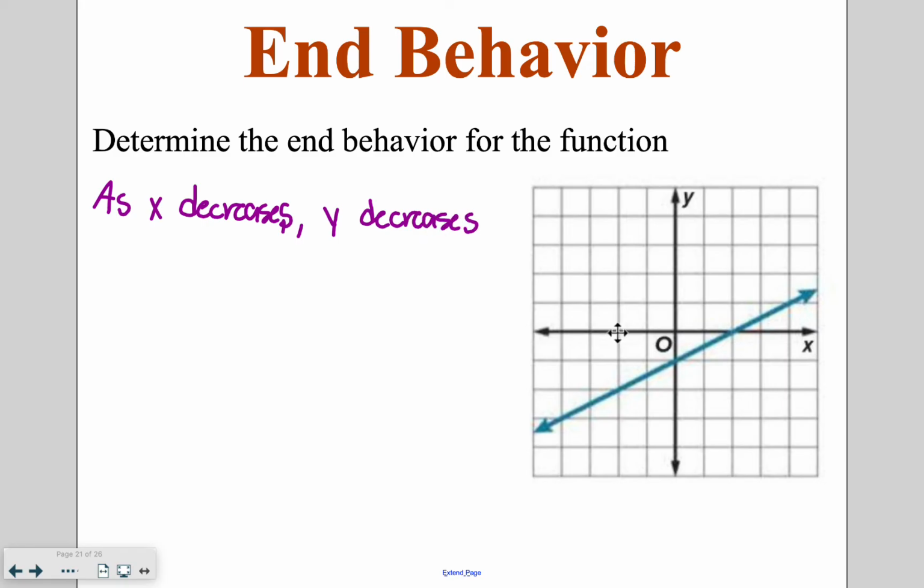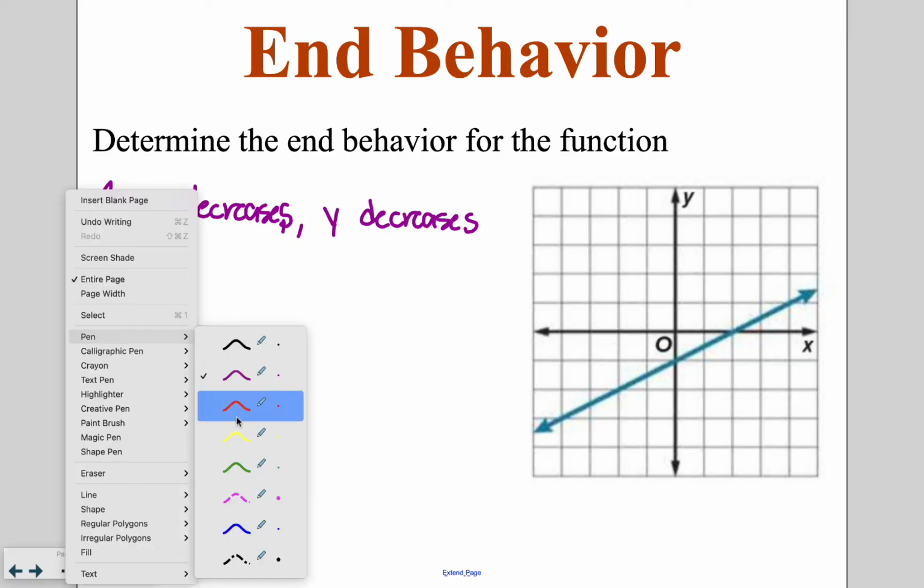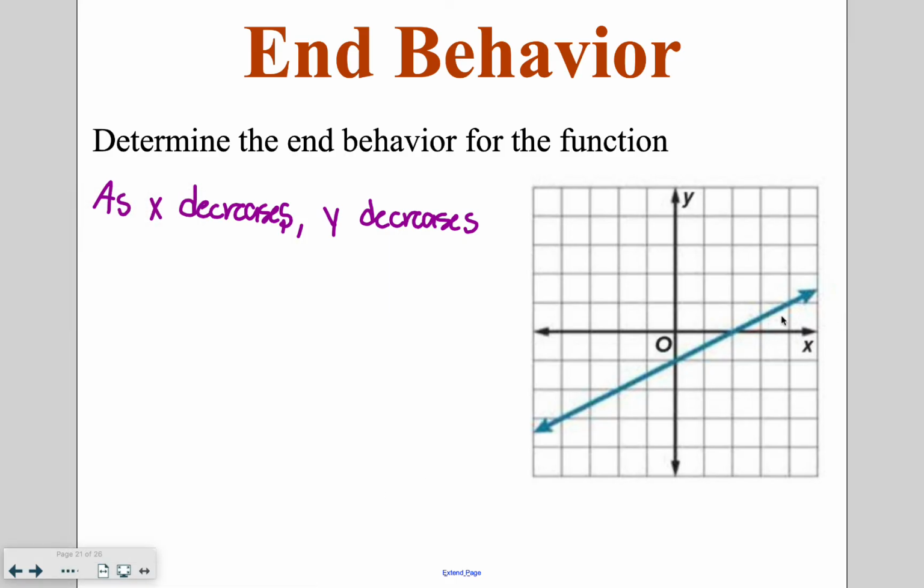So as it moves to the left, the end behavior going to the left is that your values are going to decrease. As I'm moving to the right, so as my x values increase, this particular line has the y values also increasing. So moving to the right, your y values continue to go up.